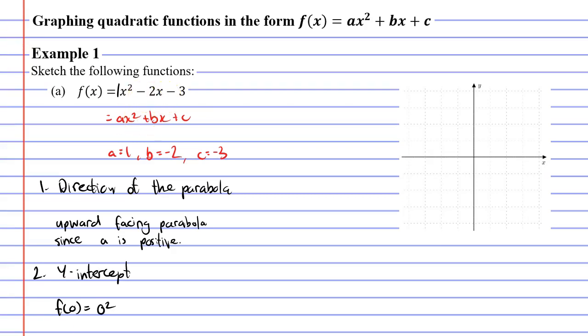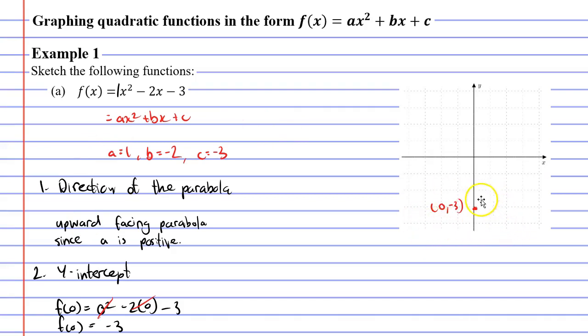We then have -2x, which becomes -2 times 0, and then finally -3. Now whenever you multiply things by 0, they cancel out. So we're left with f of 0 equaling -3. That means when x is 0, y will equal -3. So we'll label that point here as 0, -3.